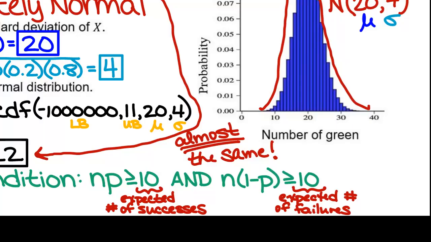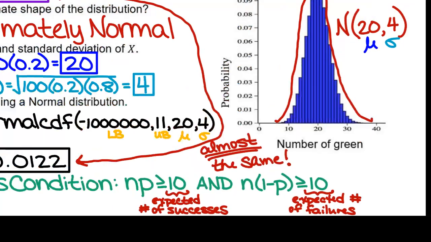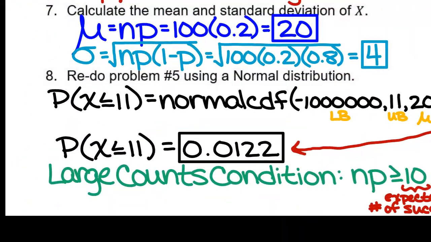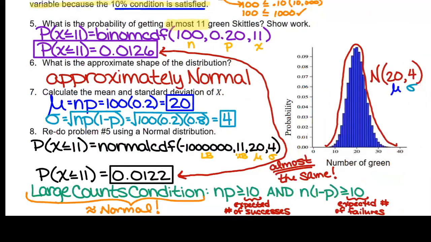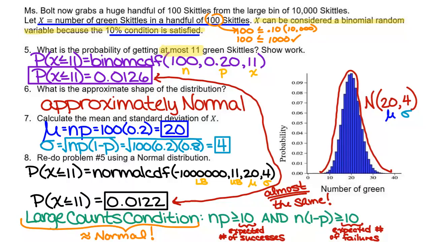So as long as I expect to have at least 10 successes and at least 10 failures, then my distribution will be approximately normal. If my large counts condition is met, then my distribution will be approximately normal.